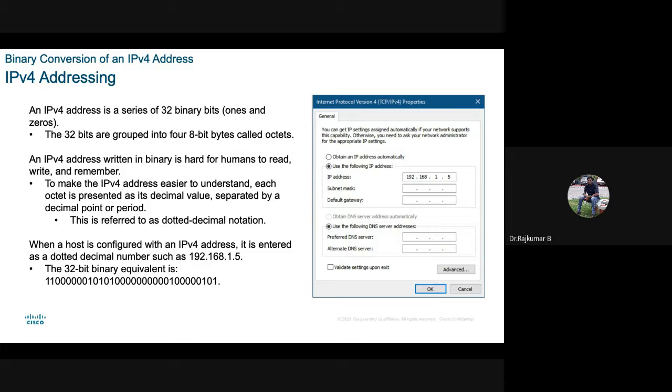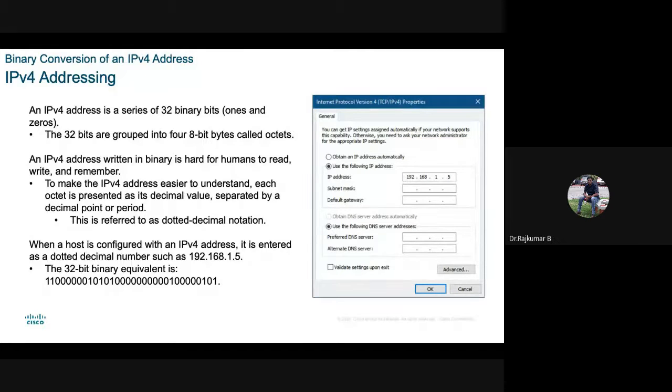It is very difficult for humans to read a binary IP version 4 address. For this reason, the 32 bits are grouped into 4 8-bit bytes called octets. An IP version 4 address in this format is hard for humans to read and remember.